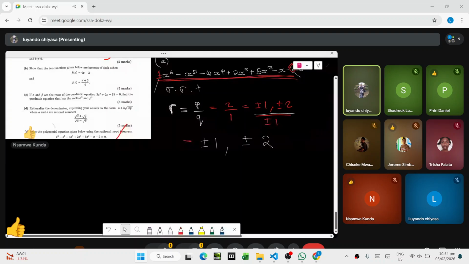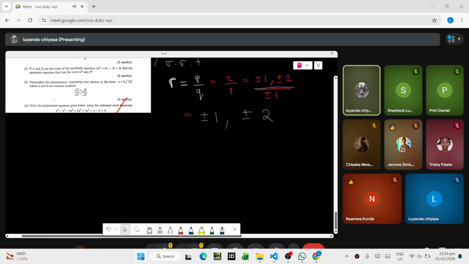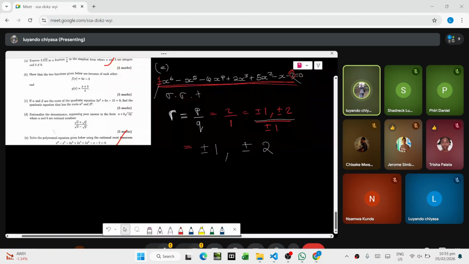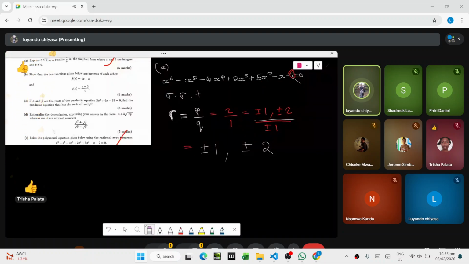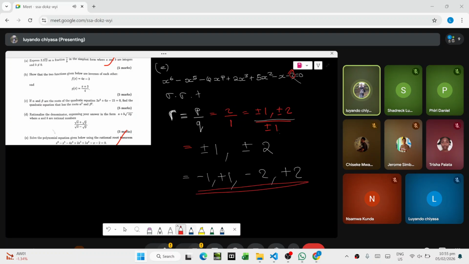So these are the possible factors when you are trying to solve this polynomial function: -1, +1, -2, +2.